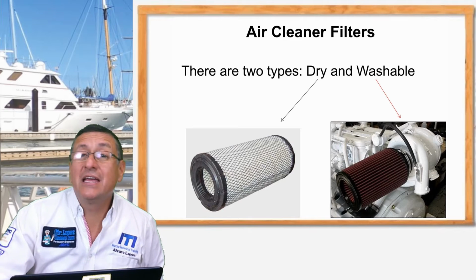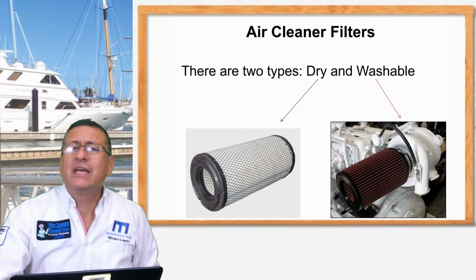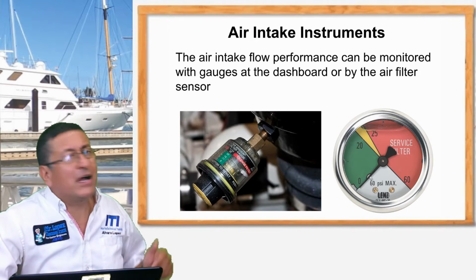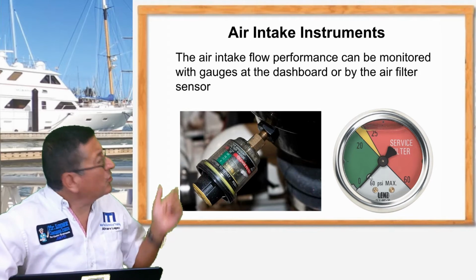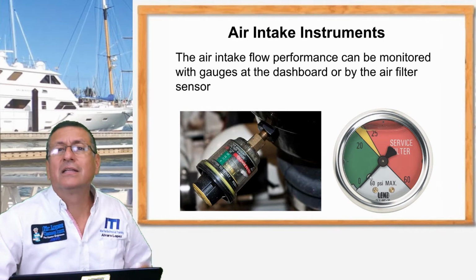Is it a dry air filter? What type of air filter is it? Verify if you have the sensor to verify if the air filter is clogged. And verify if the color of the sensor is in the red area, in the yellow area, in the green area. Okay?